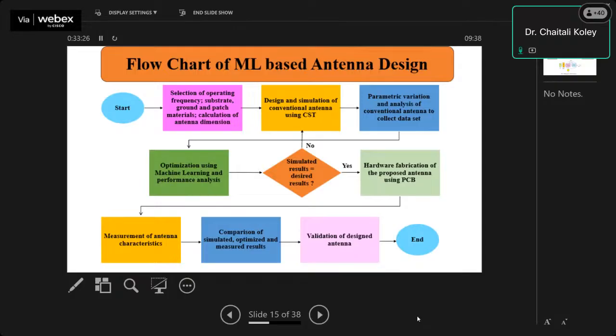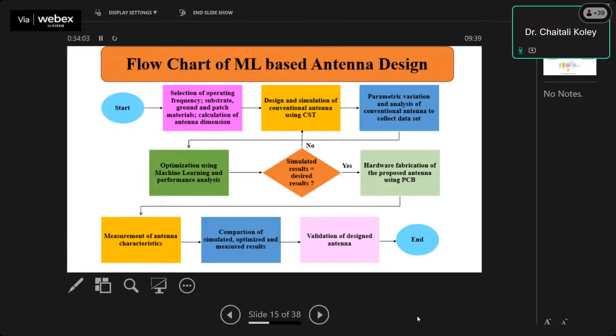After creating the data set, you apply optimization using machine learning, and performance analysis. We may apply different optimization techniques. Then we see whether the simulated result is the desired result, yes or no. If yes, we go for hardware fabrication of the antenna using PCB.